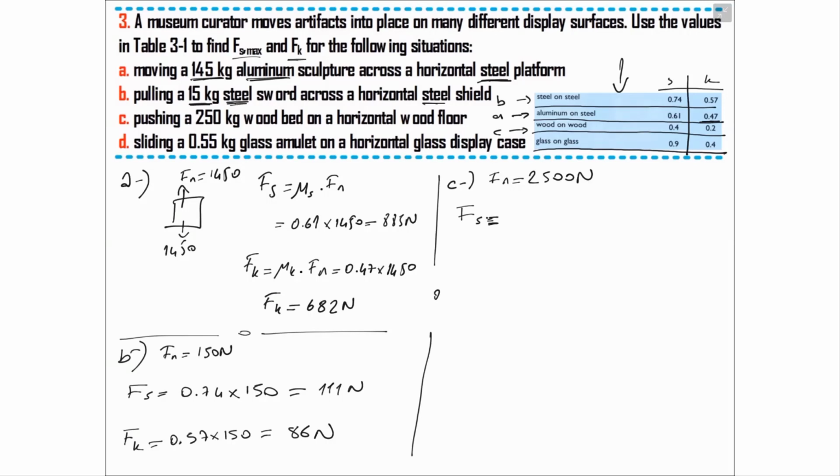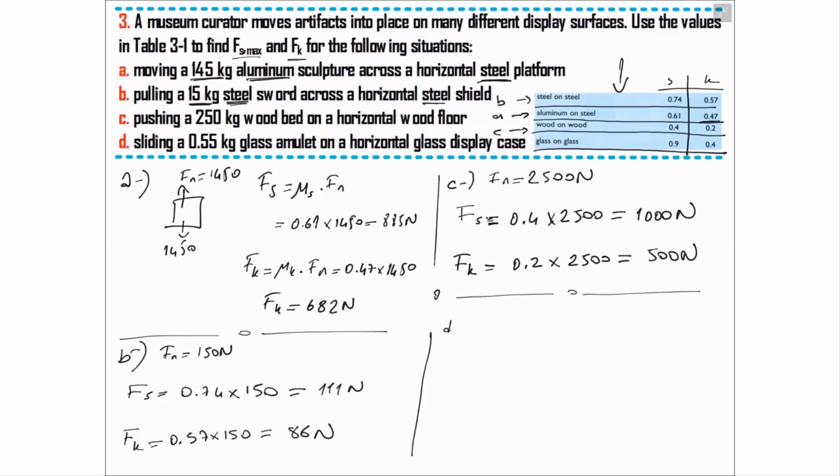So mu s for the C is 0.4 times 2500, which is 1000 Newton. Fk is mu k times Fn, so 0.2 times 2500 will be 500 Newton.